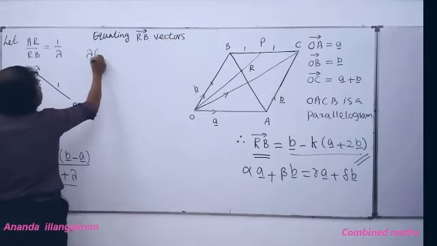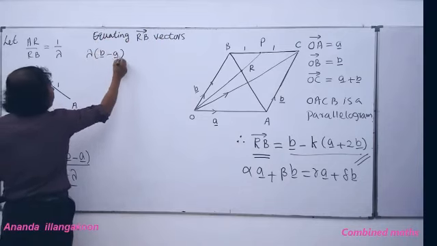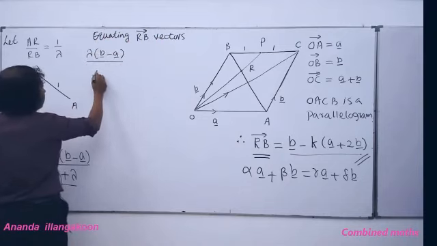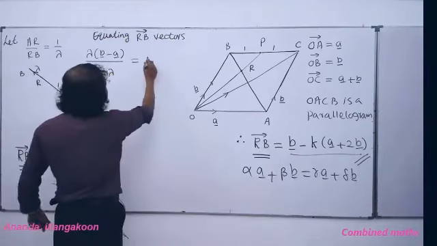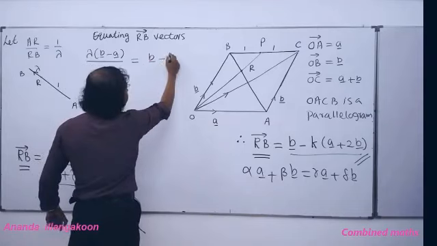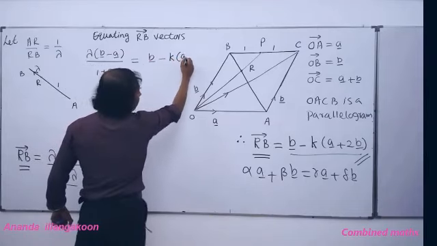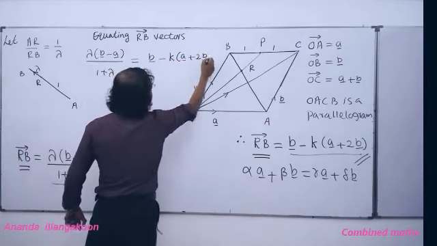Lambda times (b minus a) divided by 1 plus lambda is equal to b minus k times (a plus 2b) vectors.